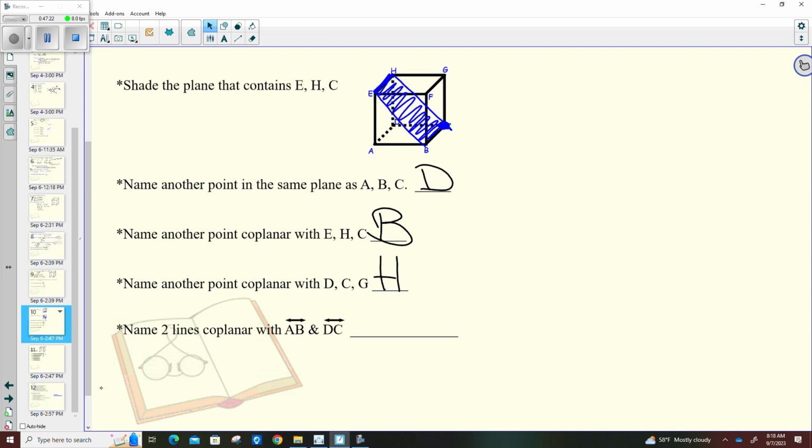Go ahead and write it down. Do we use the lines? 2. What do we put over the top? Arrows. Nice. All right, now turn and talk to somebody else. See if you guys came up with the same 2 lines. Yes, you actually have to turn and talk to someone, please.